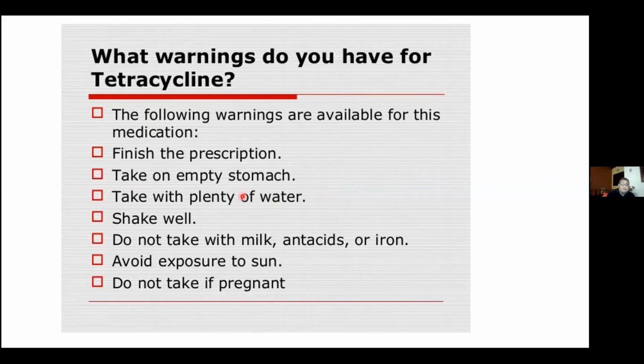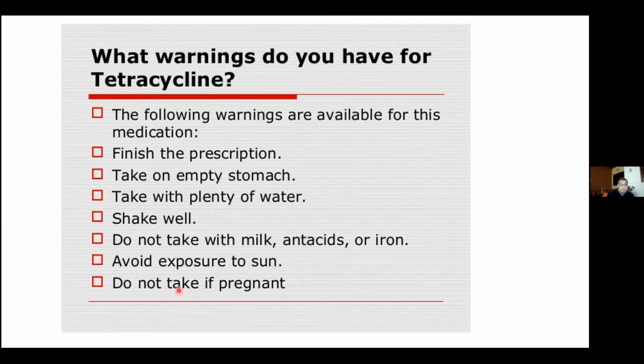Therefore, you have to take it with plenty of water. Some people even advise staying upright for half an hour after taking a tetracycline capsule. And avoid exposure to sun, because it can cause a photosensitivity reaction. You get allergic reactions when you get exposed to sun if you have taken tetracycline.